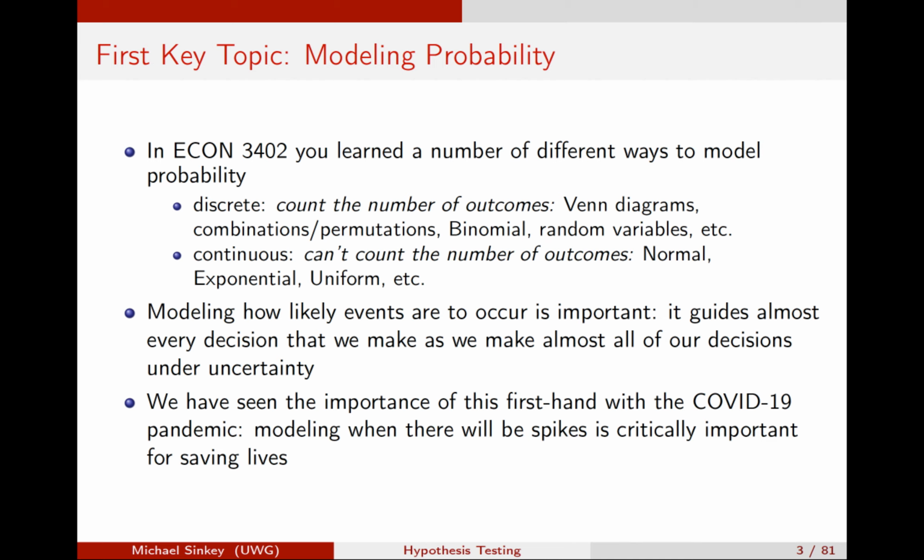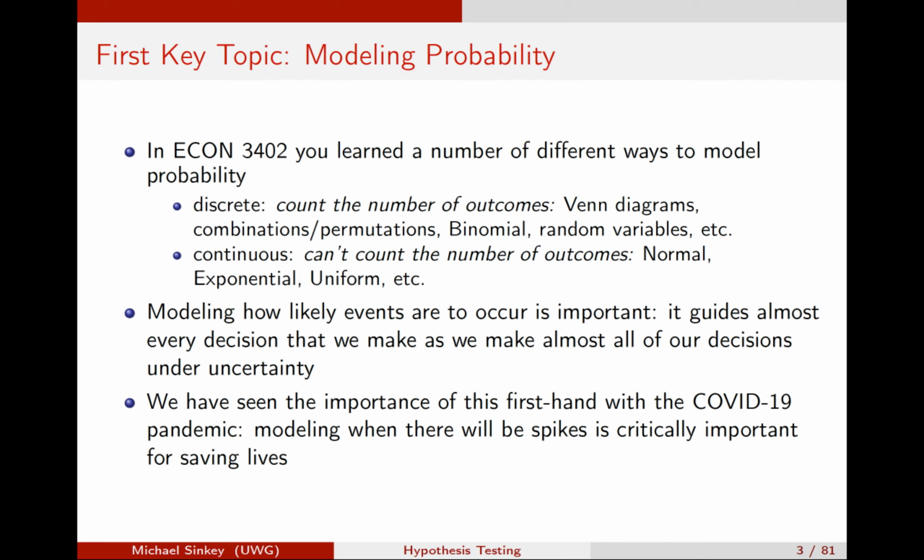So we all model probability informally every day of our life. So I try to evaluate how likely good outcomes are to occur, normal outcomes are to occur, and bad outcomes are to occur. Those modeling choices guide almost all the decisions that I make because the future is uncertain.